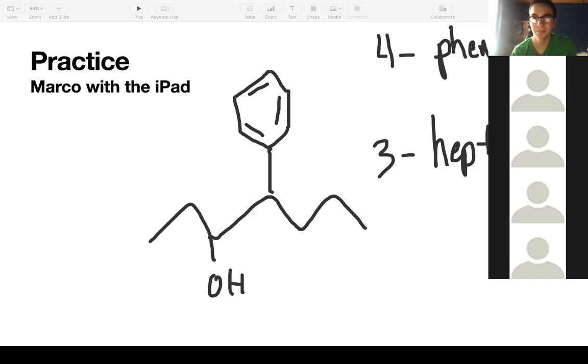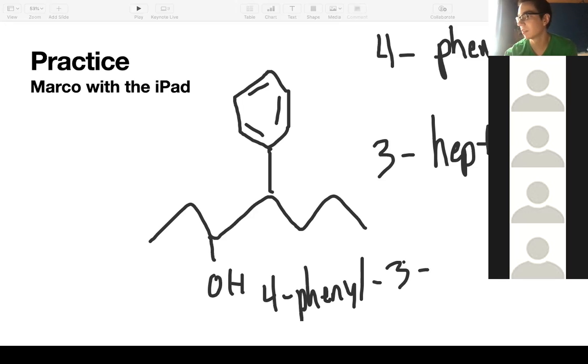Mm-hmm. Yeah, so that's correct. And then when we put it all together, it'll be 4-phenylheptan-3-ol. And yeah, just like that.